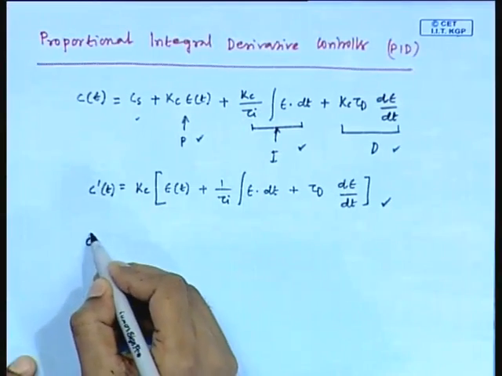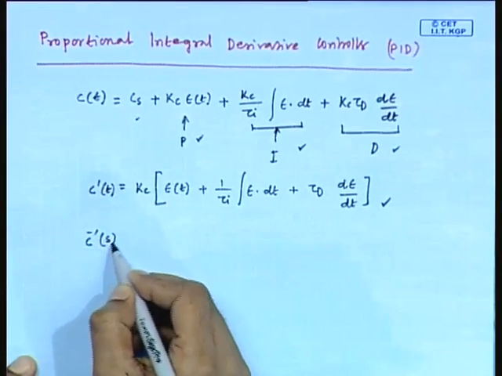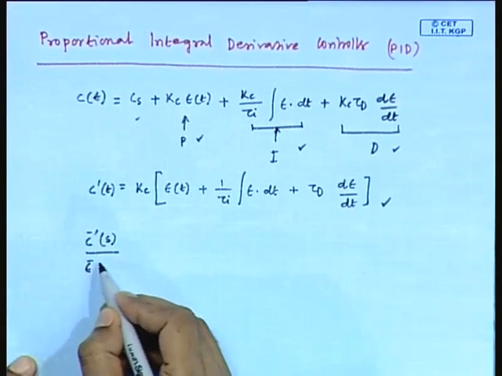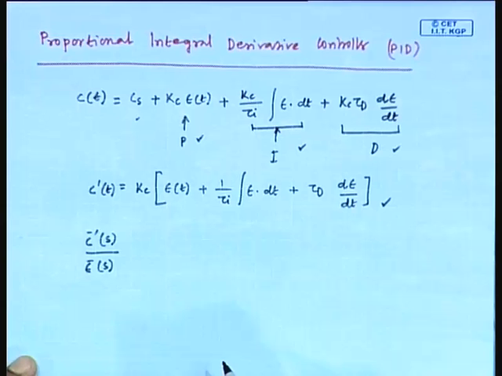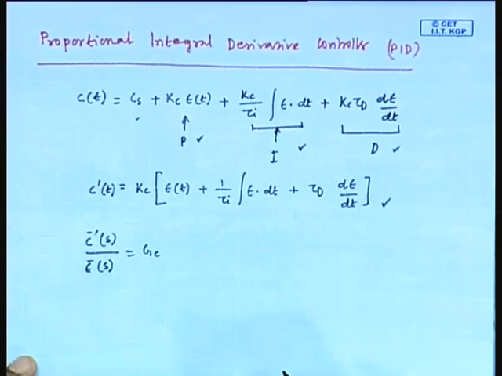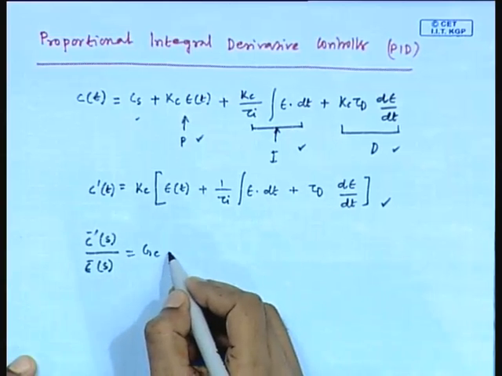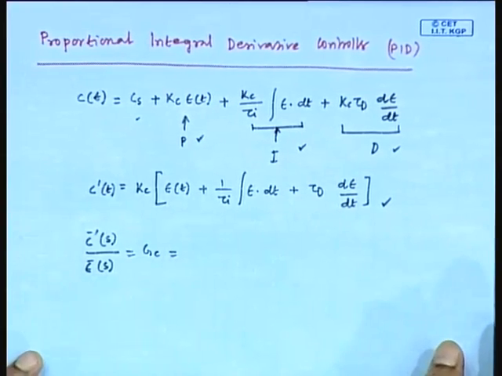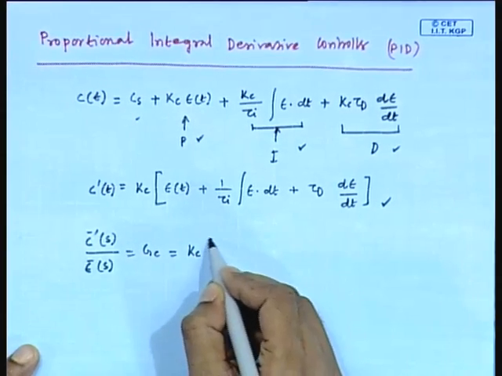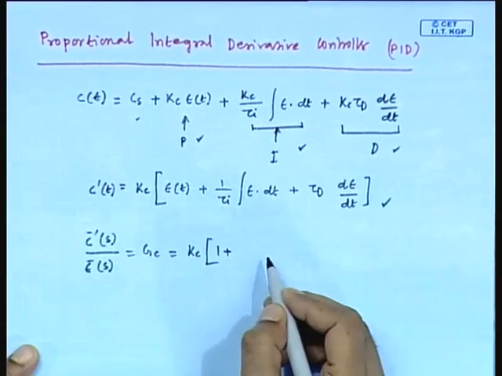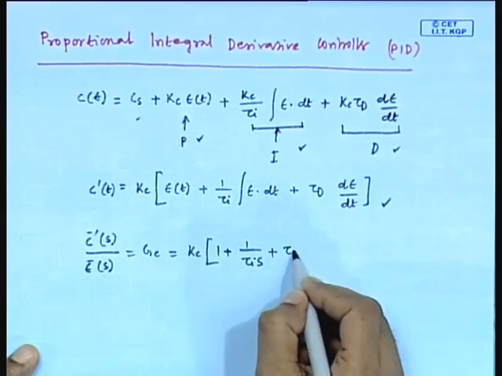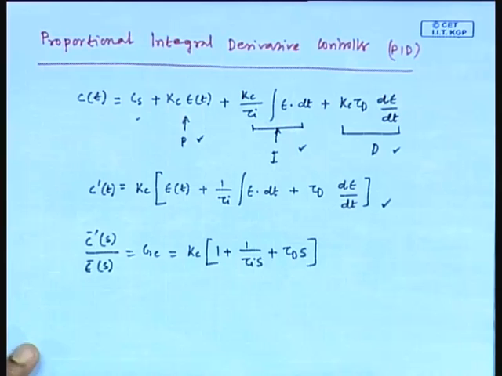If we take Laplace transform and rearrange, then we get C bar prime S divided by epsilon bar S, which is GC, and GC equals KC times (1 plus 1 divided by tau I S plus tau D S).